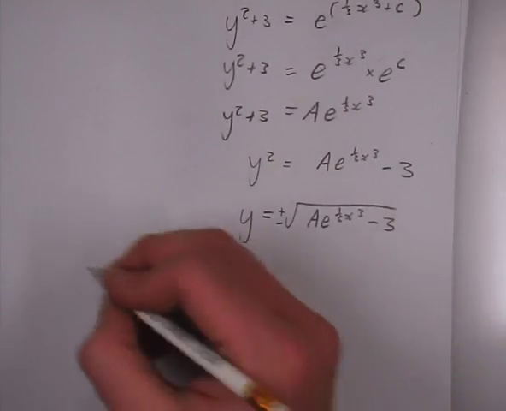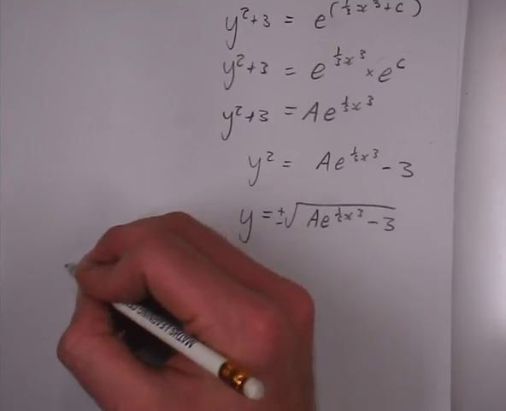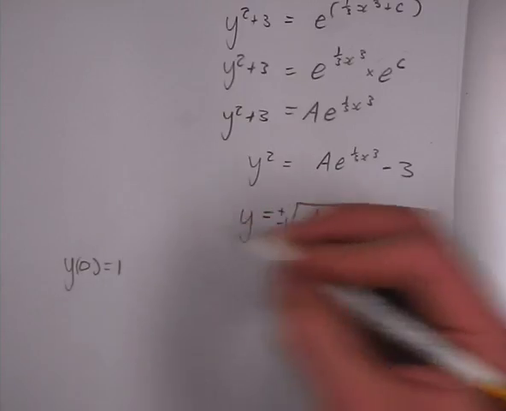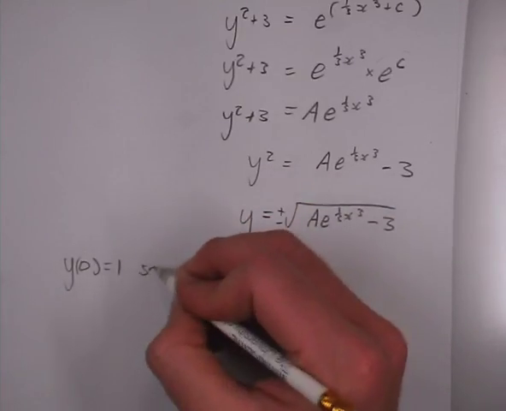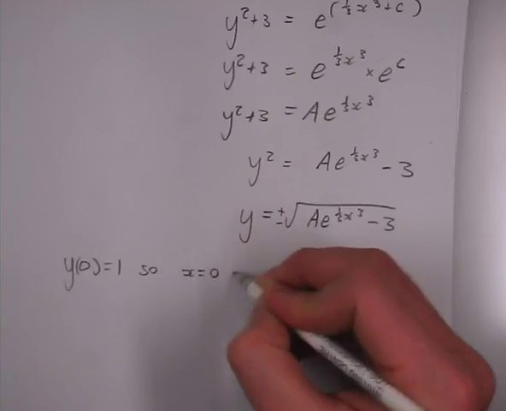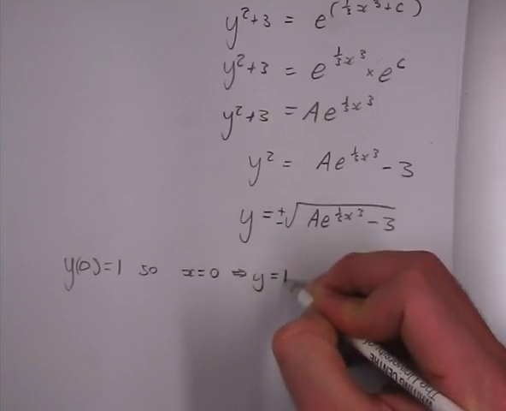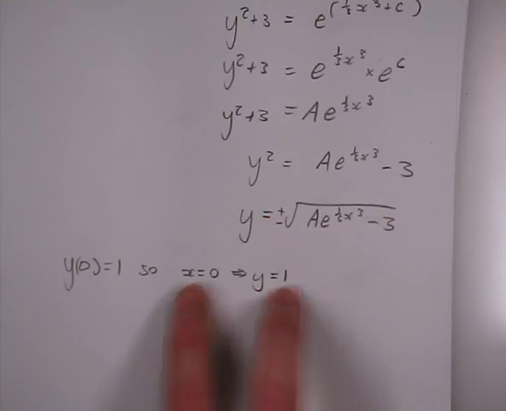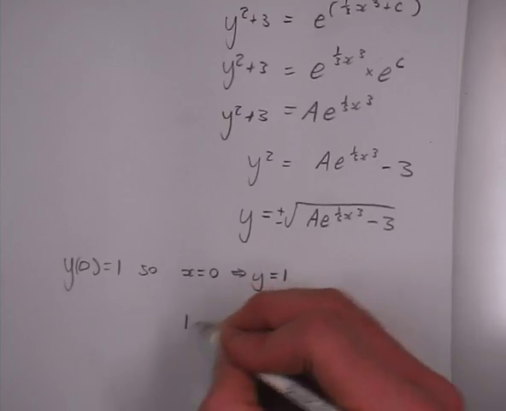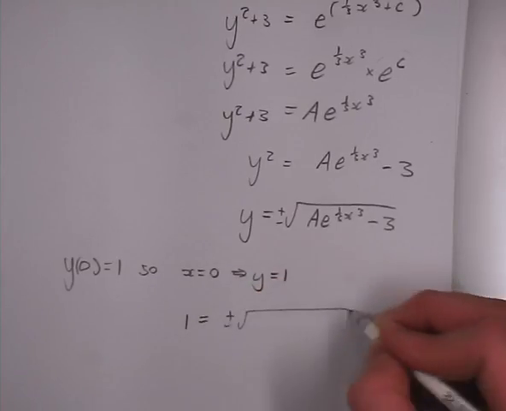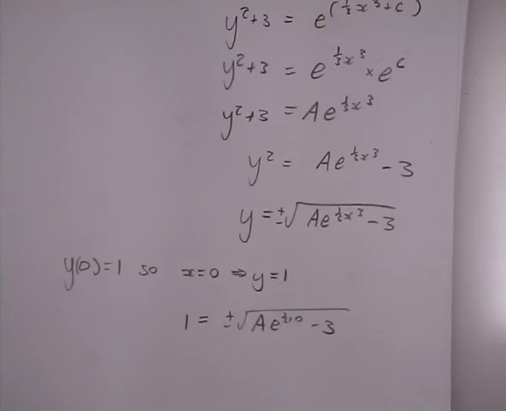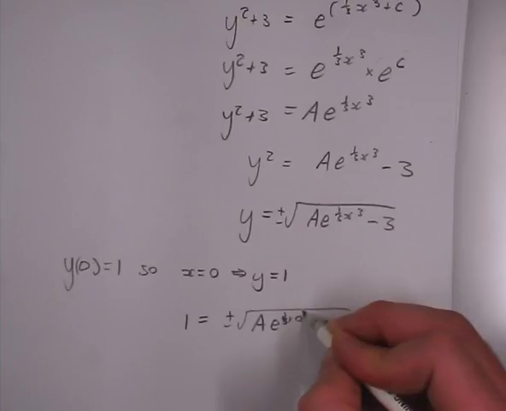So let's see. We know that y of 0 is equal to 1. So that means that if I sub in x equals 0, y is equal to 1, right? So I can sub both of them into this formula and see what I get. So I get 1 equals, that's 1/3 times 0 cubed.